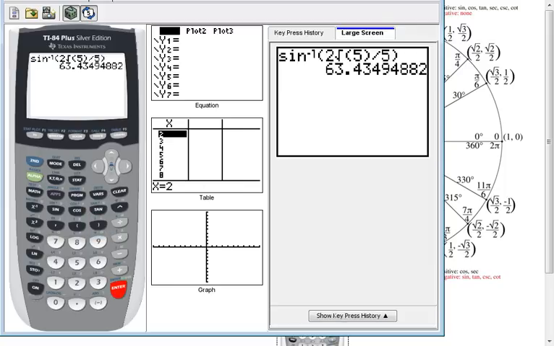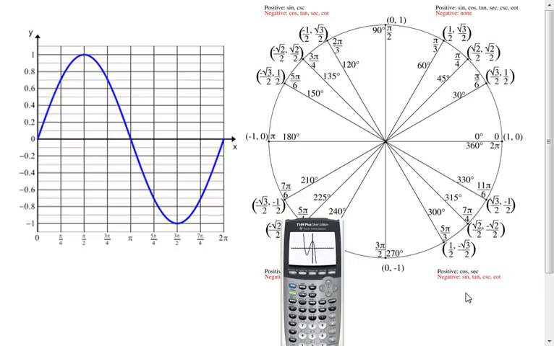And one answer is 63.43 degrees. I'm going to go over here and show you this. So 63.43 degrees is right about here. So there's one answer right there. 63.43 degrees is the first answer to our problem.